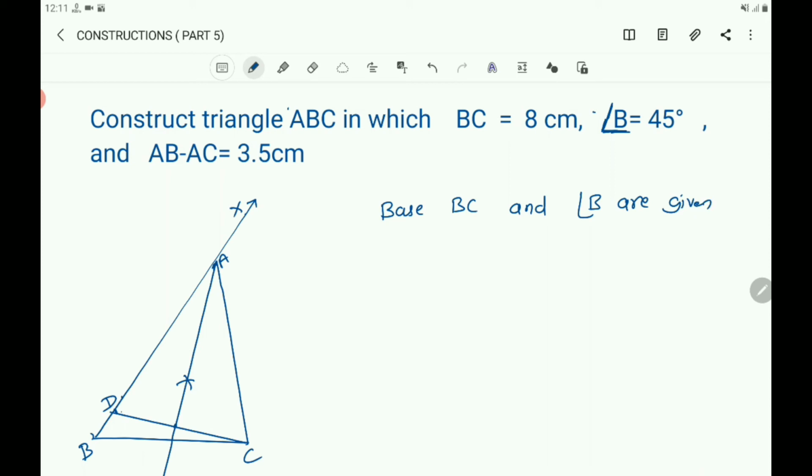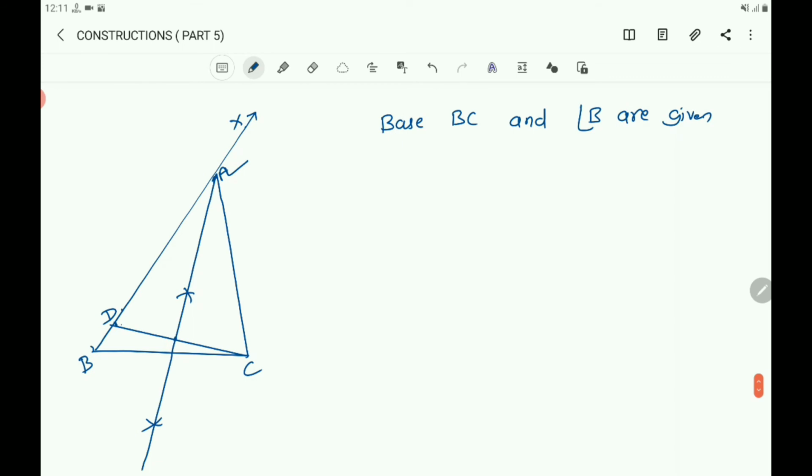The point A lies here. A is a point that lies on the perpendicular bisector of DC. The construction is done in such a way that the point A lies on the perpendicular bisector of the line DC.